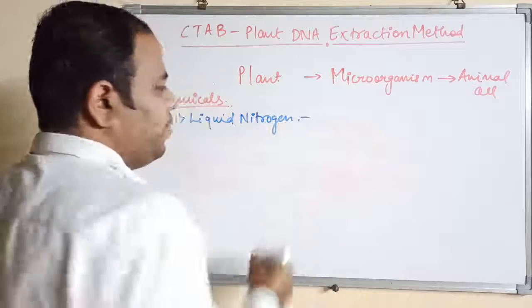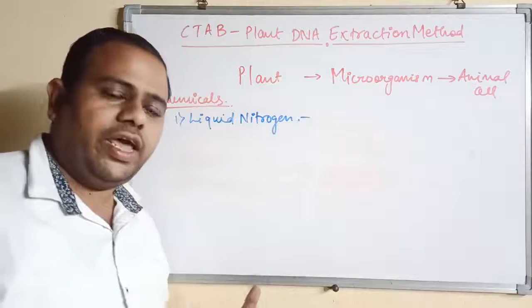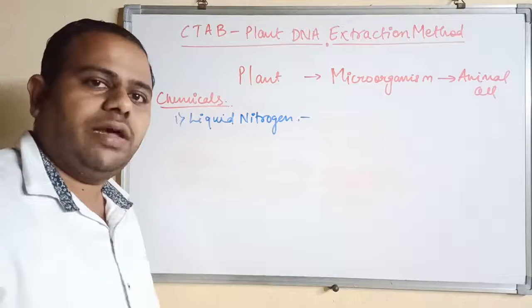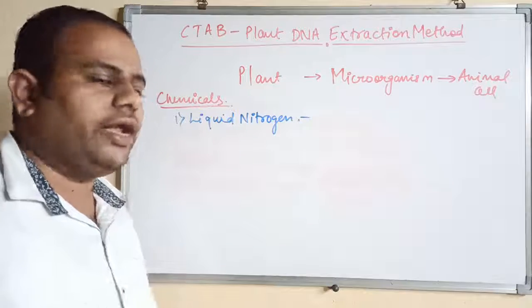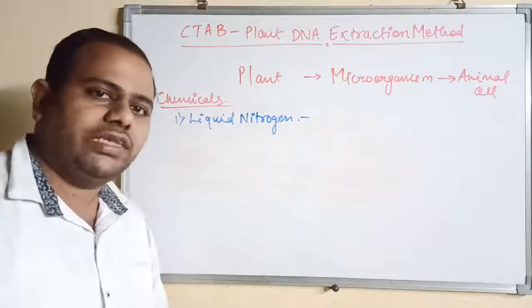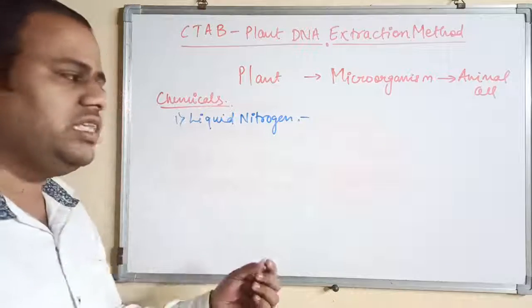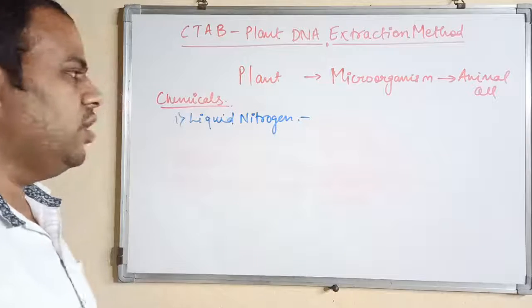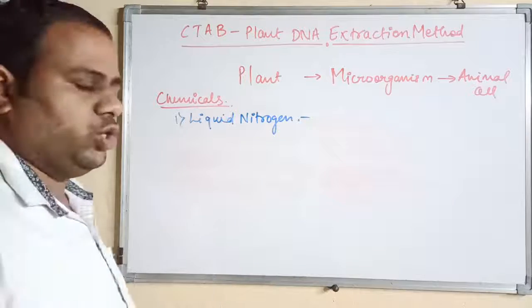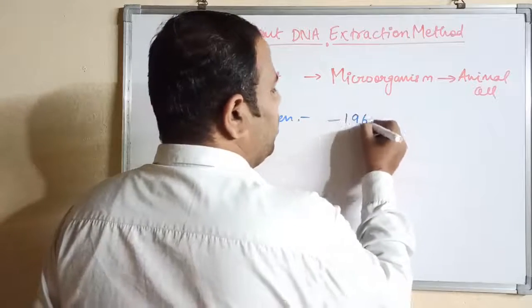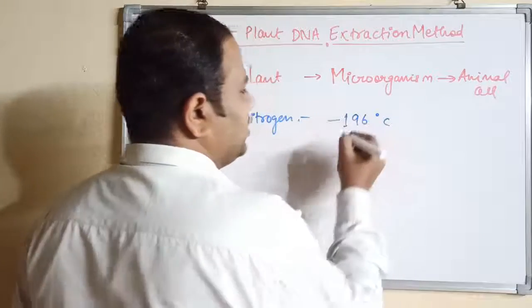For the isolation of DNA, you have to grind the plant sample. No matter how finely you grind it or how finely you homogenize it using a mortar and pestle, you cannot get the consistency or the fine texture of the homogenate that you get through liquid nitrogen. Liquid nitrogen has a temperature of -196 degrees Celsius.